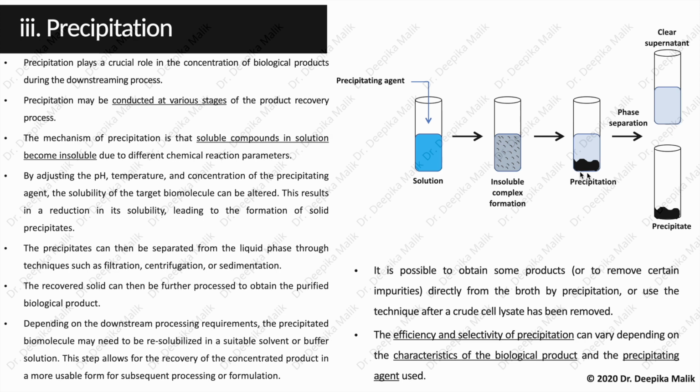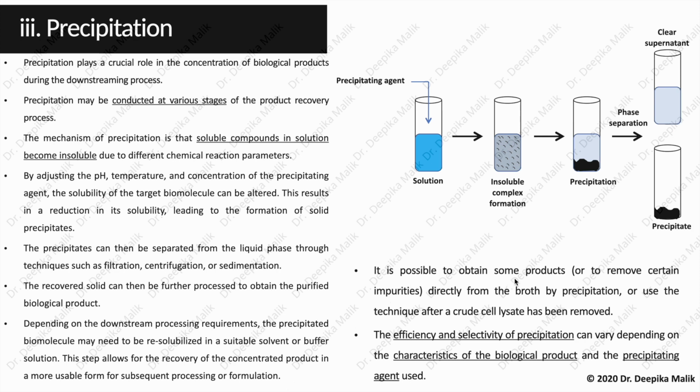These precipitates can be separated from the liquid phase through techniques such as filtration, centrifugation, or sedimentation that we have already discussed. The recovered solid can then further be processed to obtain the purified biological product. Depending on the downstream processing requirement, the precipitated biomolecules may need to be resolubilized in a suitable solvent or buffer solution. This step allows for the recovery of the concentrated product in a more usable form for subsequent processing or formulation.